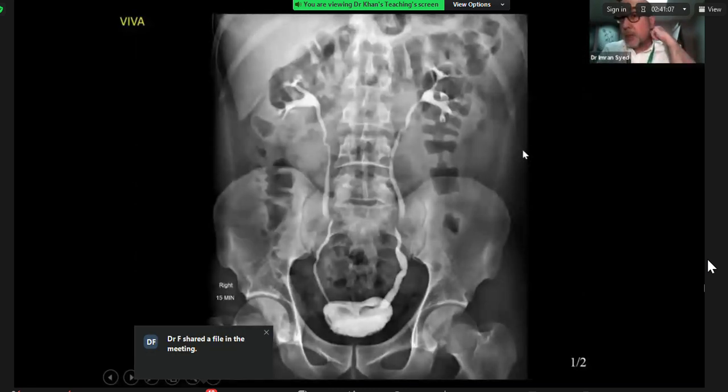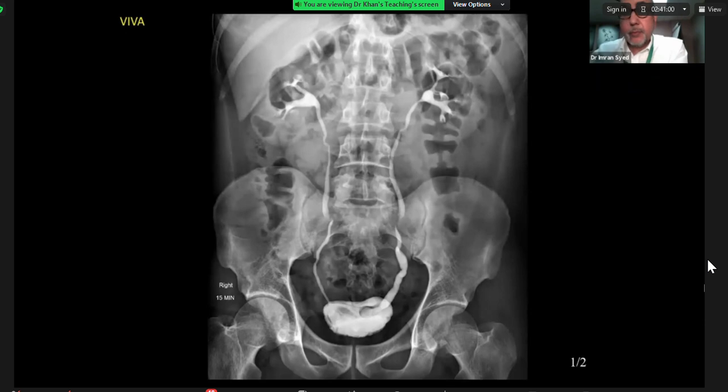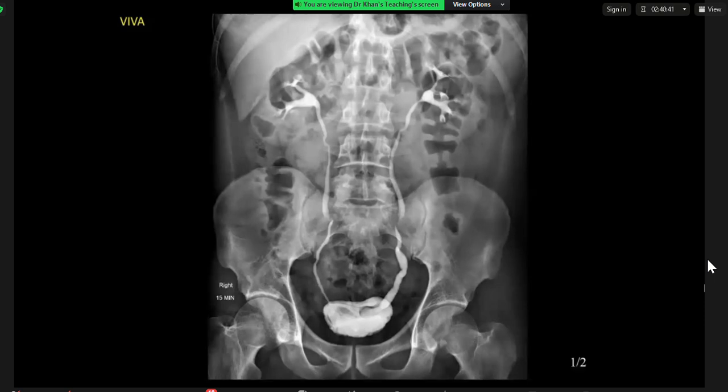Now, this is another case, so please describe what you see. So this is an intravenous urogram, which is 15-minute delayed. In my routine practice, I would first compare to the control radiograph. Good. Control radiograph was normal. Thank you. Okay. So having a look at the ureters, I can see both ureters have been contrast opacified.